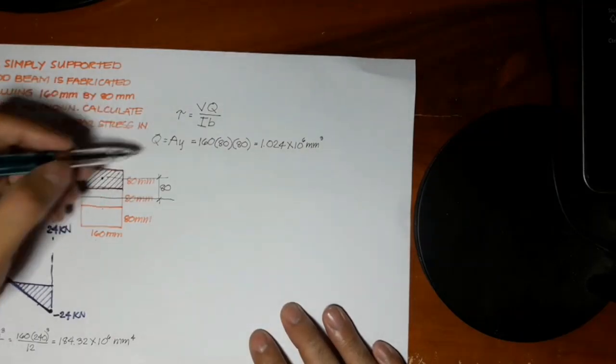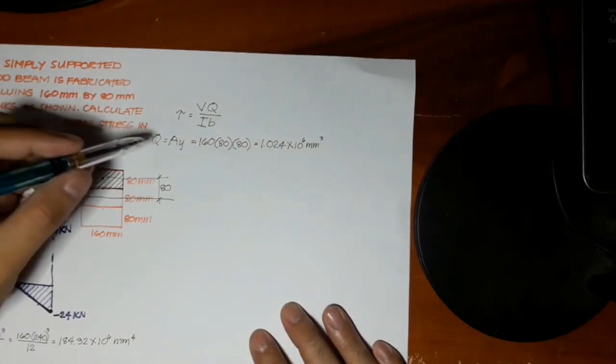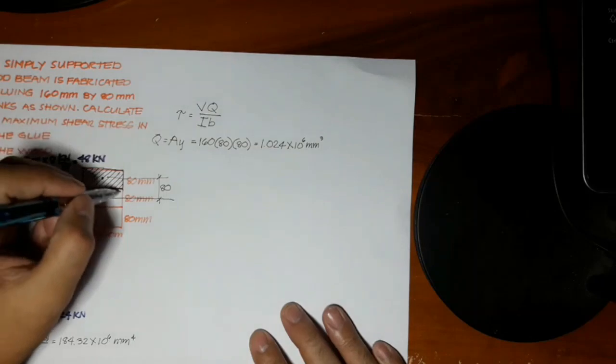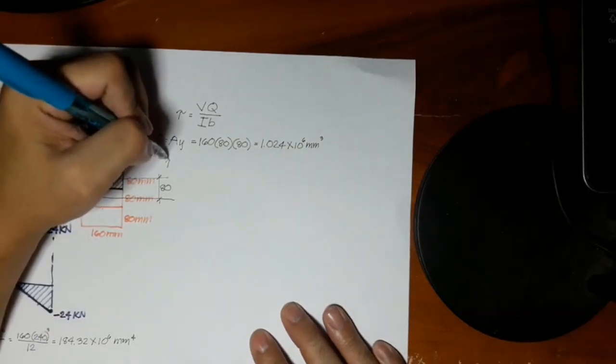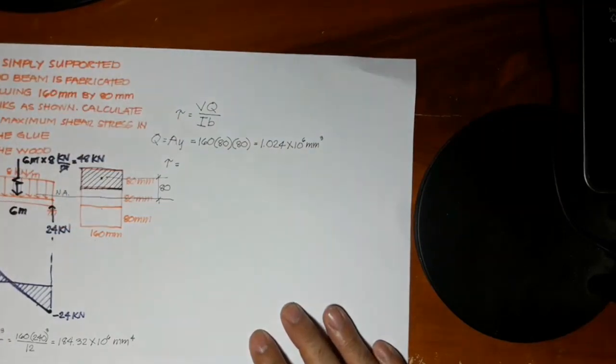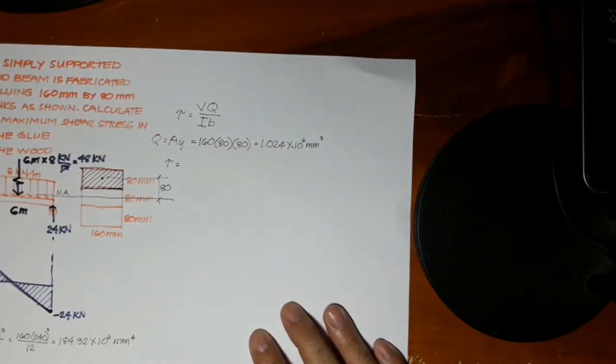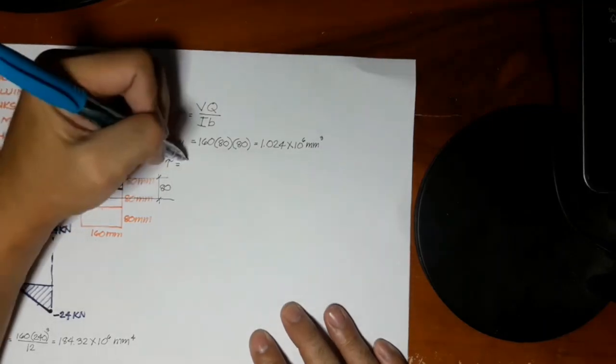So we are now ready to substitute so that we can solve for the stress in the glue. Tau is equal to V. We use the maximum shear absolute value, so we have 24 kilonewtons.